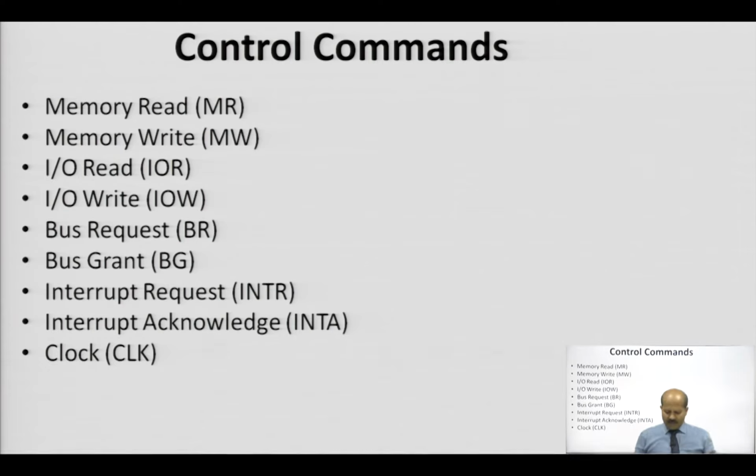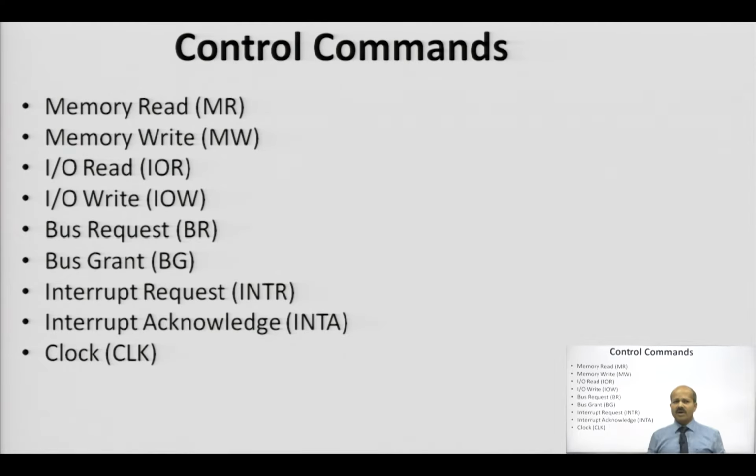So, during programming we have seen various types of commands. In general there are a few commands which are to be introduced, which are required in later classes. These commands are memory read command, memory write command, IO read, IO write, bus request, bus grant, interrupt request, interrupt acknowledge, clock.